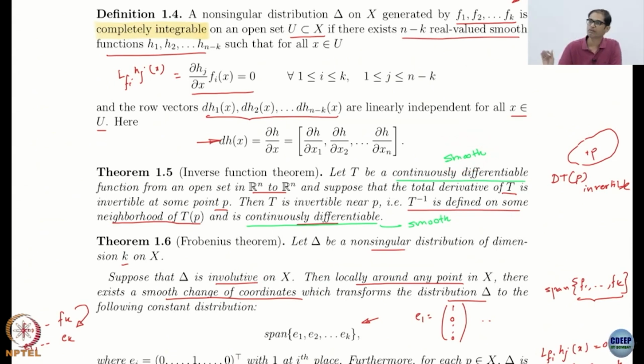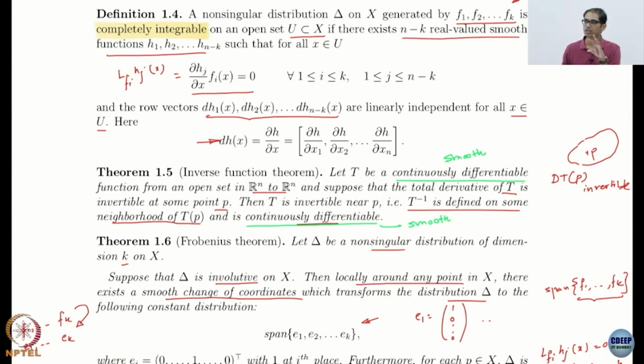This is exactly what we use to define a diffeomorphism, okay. So whenever you have to check that a map is a diffeomorphism, by the way, the map T, the dT can be invertible only if it is going from the same dimension to the same dimension. So therefore we are always talking about Rn to Rn in a diffeomorphism.